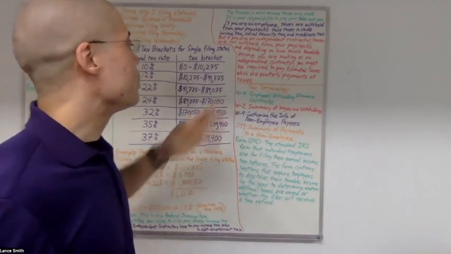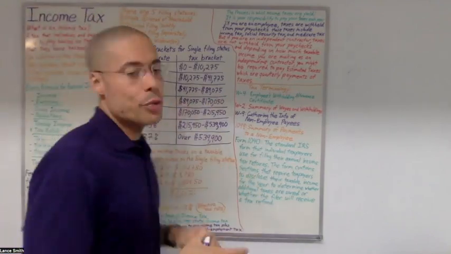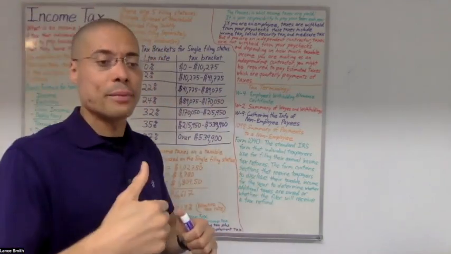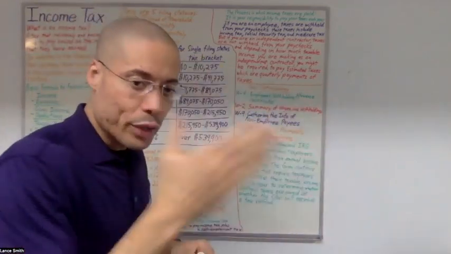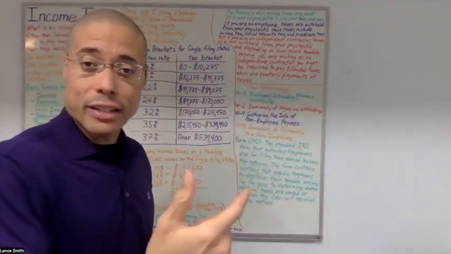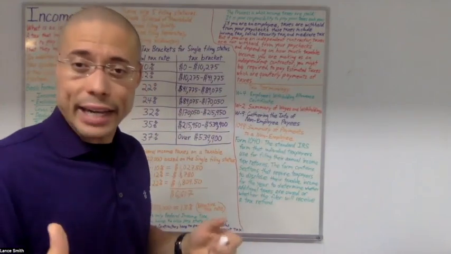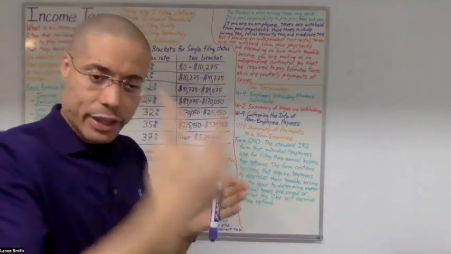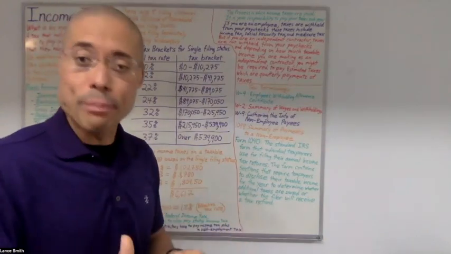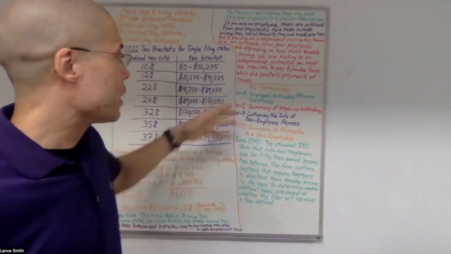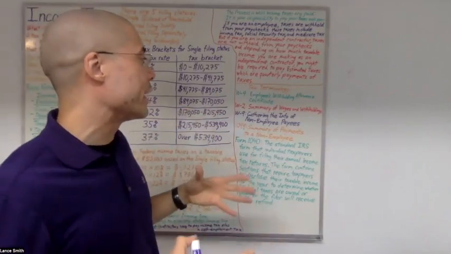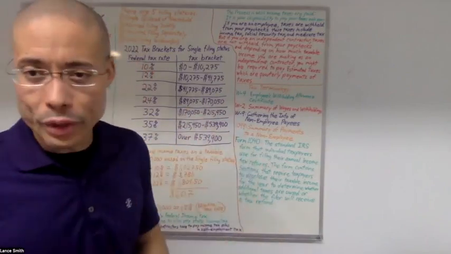All right. W-2. What is a W-2? A W-2 is the tax form that employers send to their employees after the end of the year, right? So in January, they'll send it out, because after the year ends, they have 1 month to send to all their employees a W-2. A W-2 is basically a summary of wages and withholdings, right?